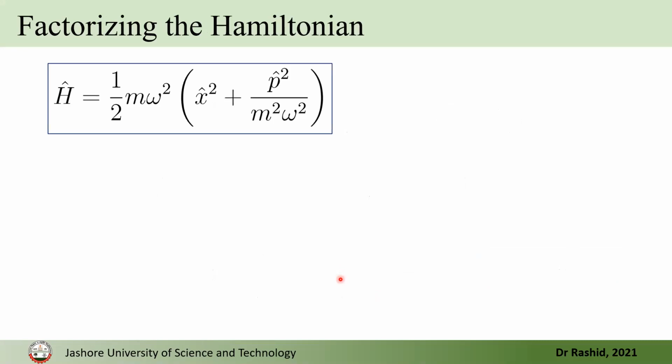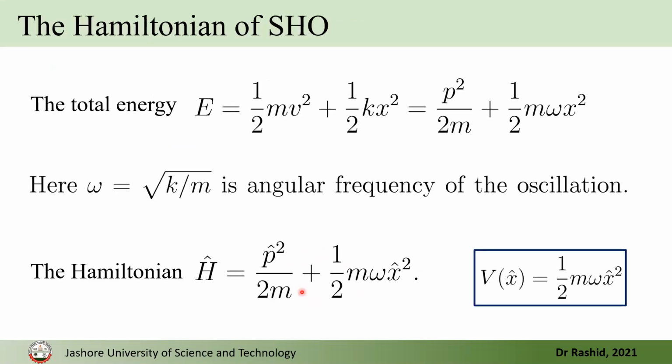Now we want to solve the Schrodinger equation for this Hamiltonian to get the wave function. But as you can see, the kinetic energy operator p square by 2m involves a second derivative, because if you remember, the momentum operator p is minus i h bar d by dx.